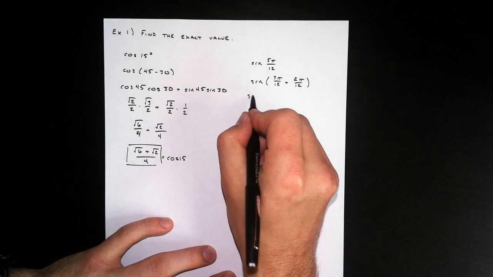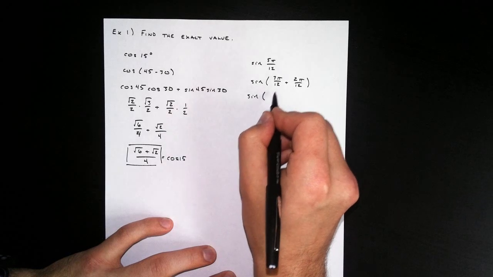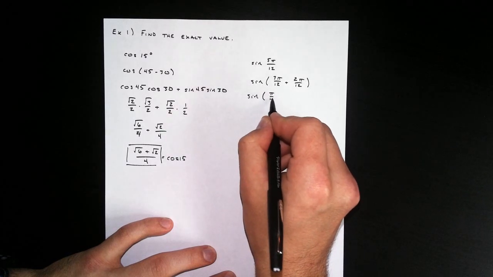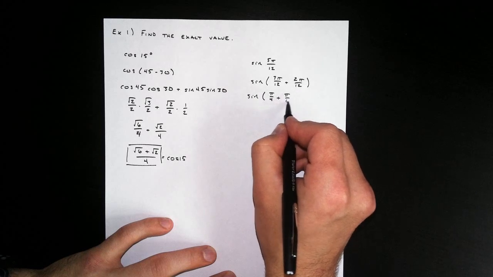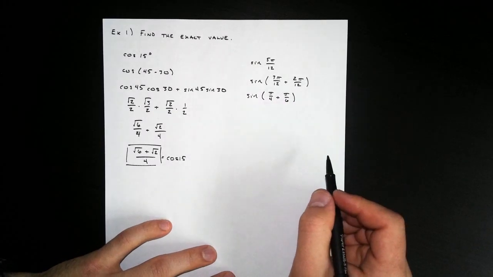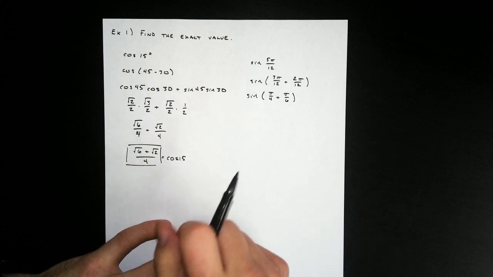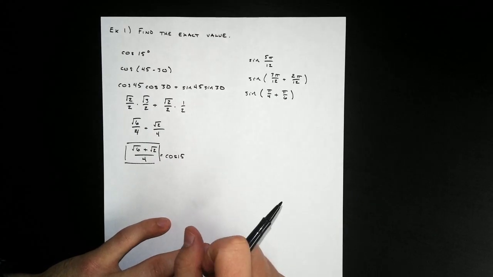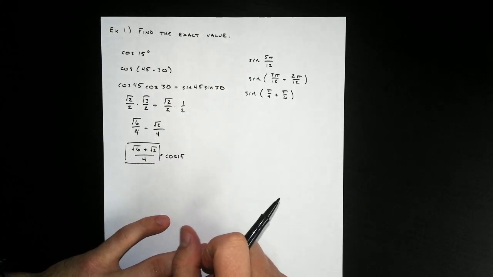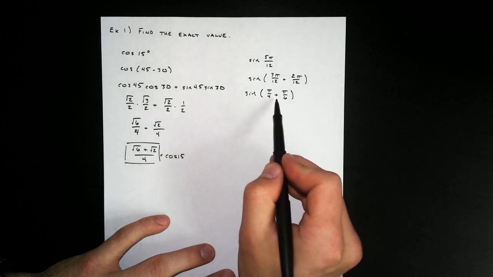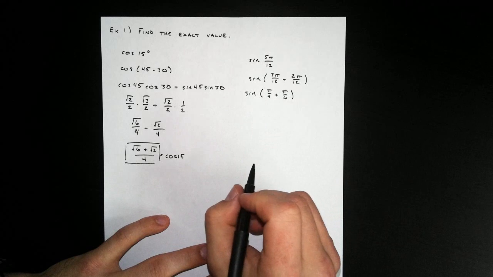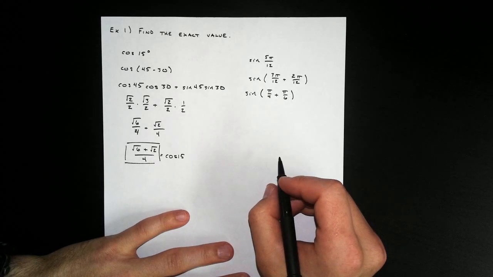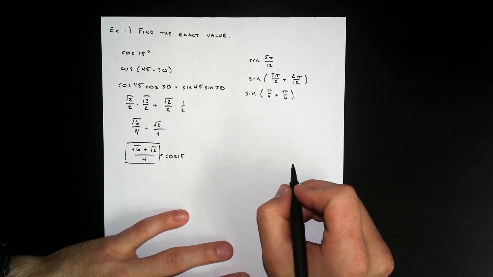So this is the same as the sine of pi over 4 plus pi over 6, since 3 over 12 is pi over 4 and 2 over 12 is pi over 6. Those two angles are common on the unit circle. Now we can use our sum identity, because we have it written as a sum of two angles. We'll use the sum identity for sine to calculate our exact value.